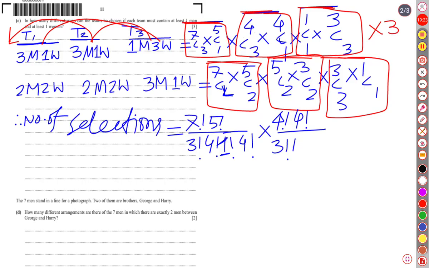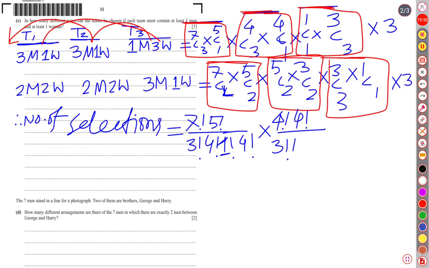We forgot to multiply by 3 because they can interchange their position, but don't get confused, this is not arrangement. The first time we can choose 1 man and 3 women, and the second time we can choose 3 men and 1 woman. That means in 3 different ways the teams can be selected.